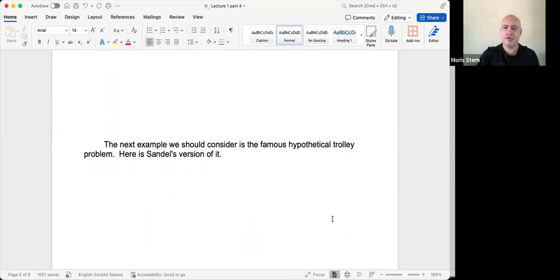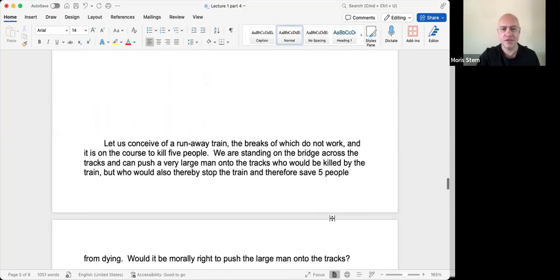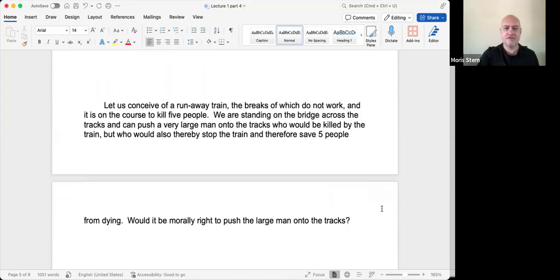The next example we should consider is the famous hypothetical trolley problem. Here's Sandel's version of it. Let us conceive of a runaway train, the brakes of which do not work, and it is on the course to kill 5 people.